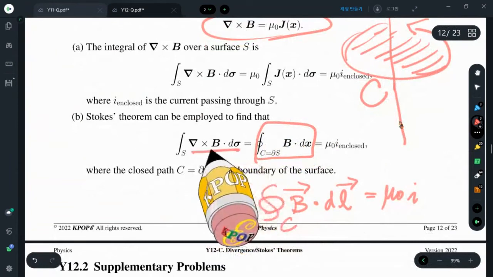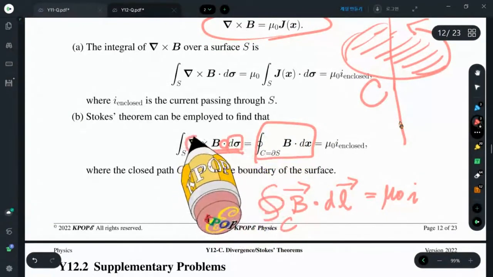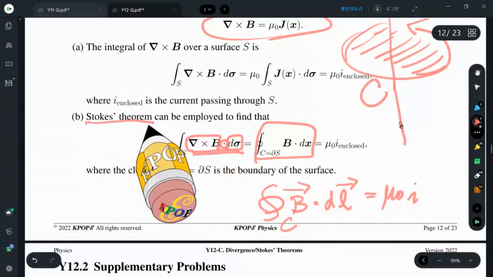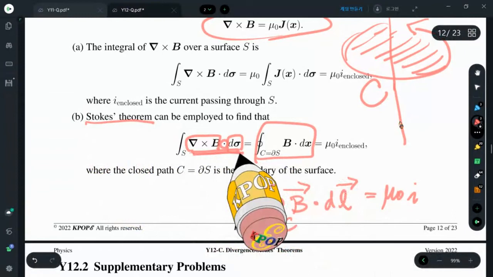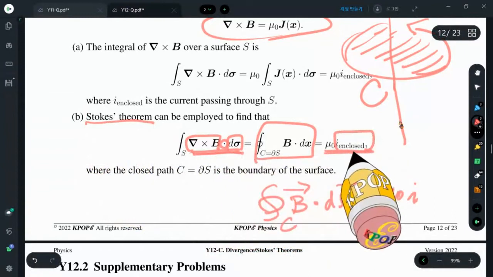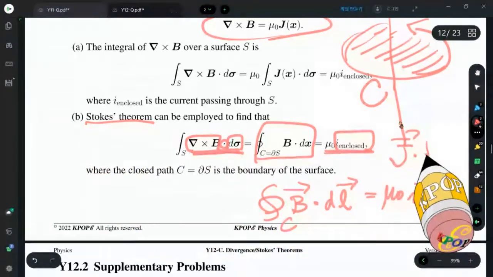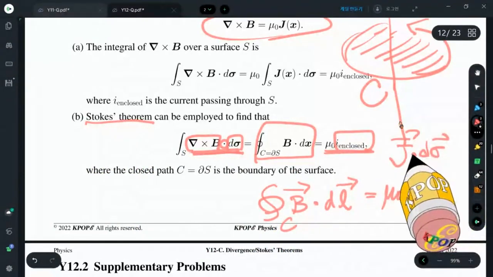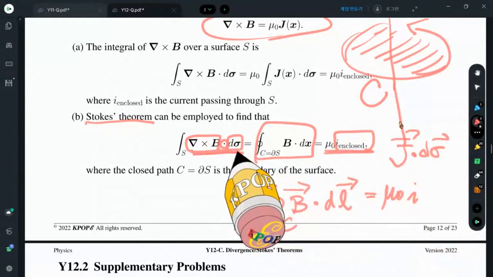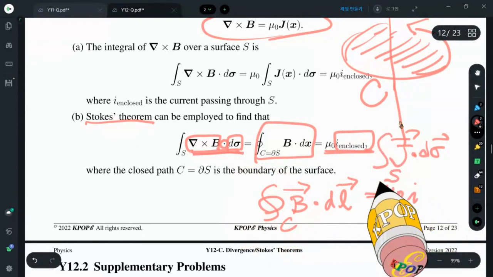This one is identical to the scalar product of the surface element and the curl. That is called Stokes' theorem. We use this, and this is current I. We express this current I as the current density multiplied by a scalar product with the surface element over this surface.